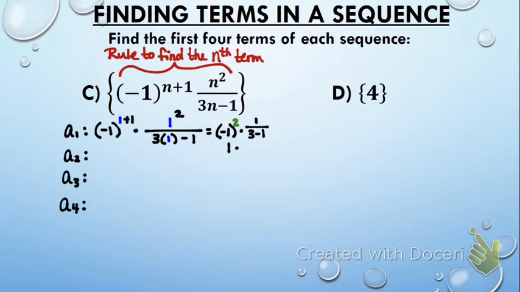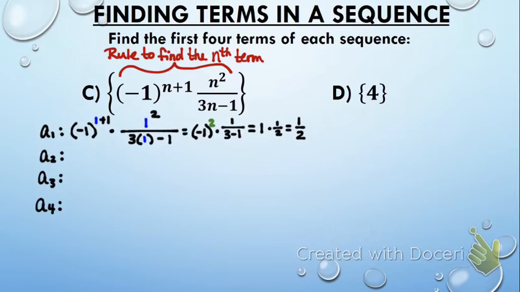What is 3 minus 1? 2. So I have 1 times 1/2. This first term is what? 1/2. So the first term in this sequence is 1/2.